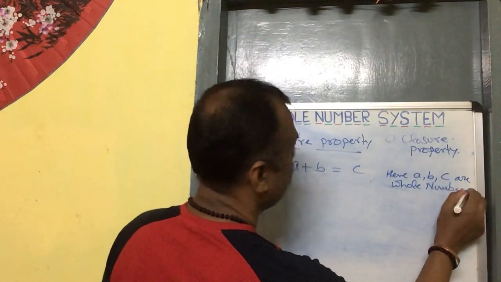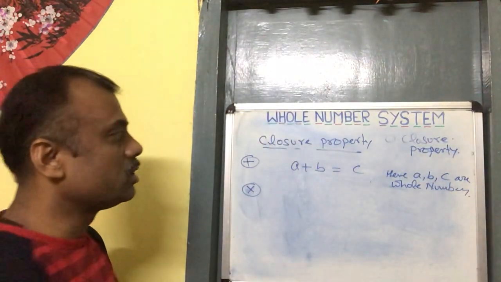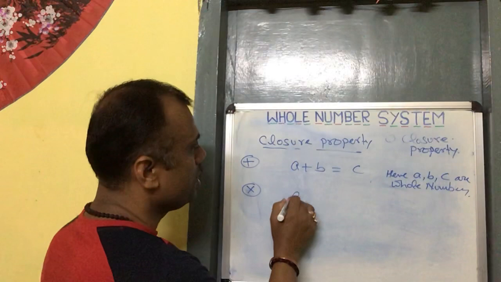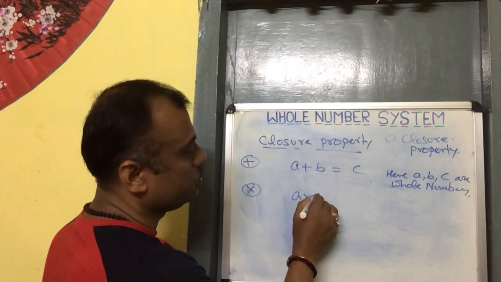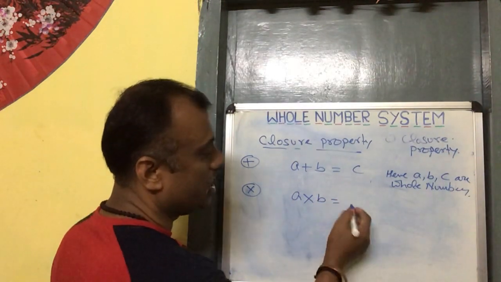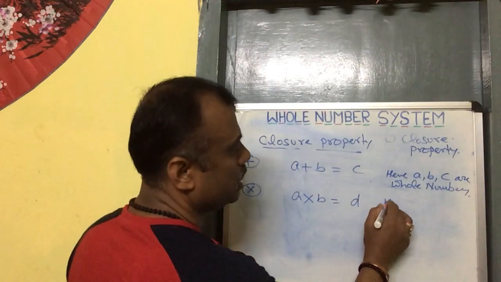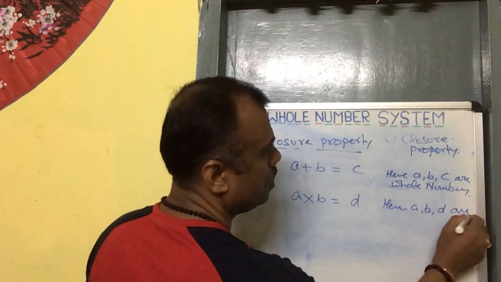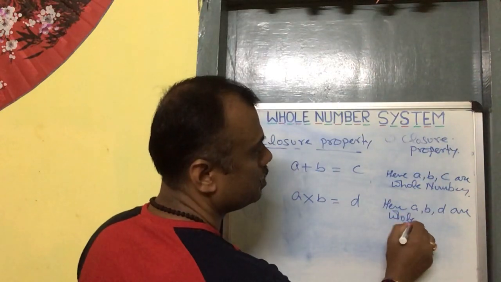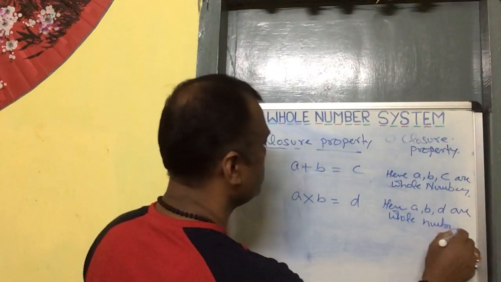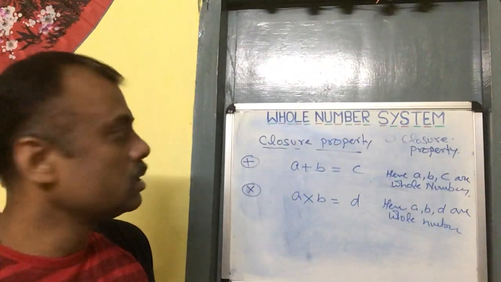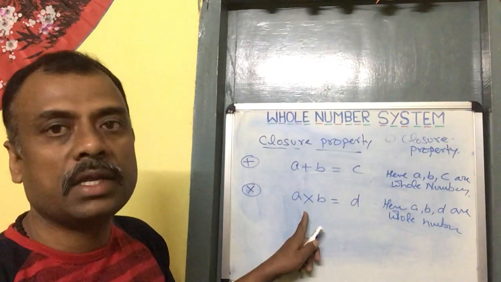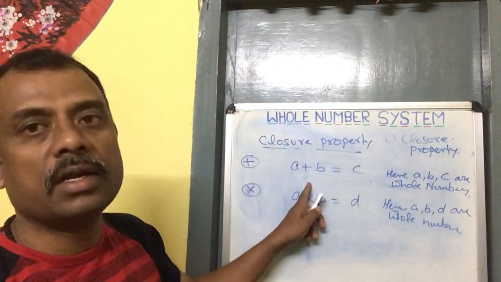Similarly for multiplication, A into B, you will get another, suppose D. Here A, B and D are whole numbers. So you can say that whole numbers are closed under multiplication and under addition.